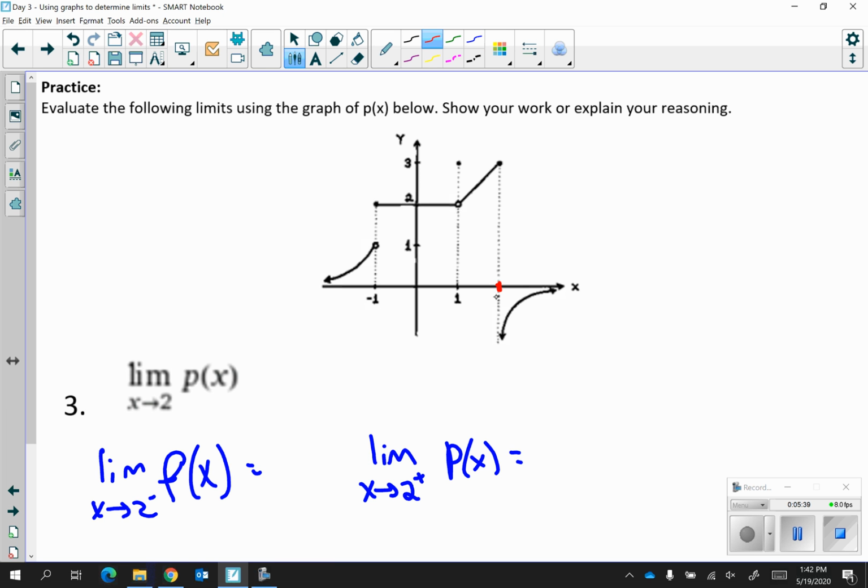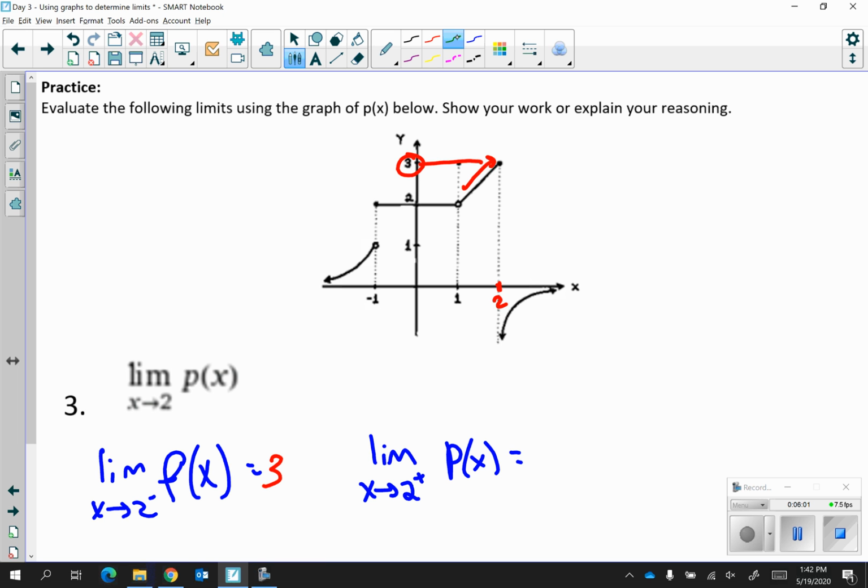And 2 is right here. So as I come from the left-hand side of the graph, I don't really care what's going on all the way on the left side of the graph, I just care what's going on close to the point that I'm looking at. So I'm only going to look here. And you can see that the function gets to 3.